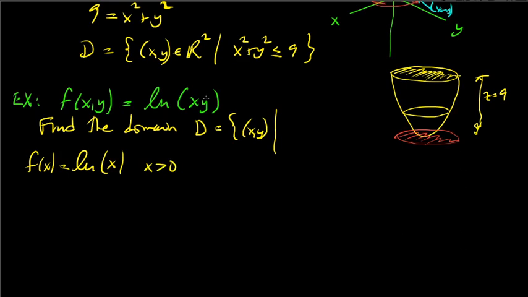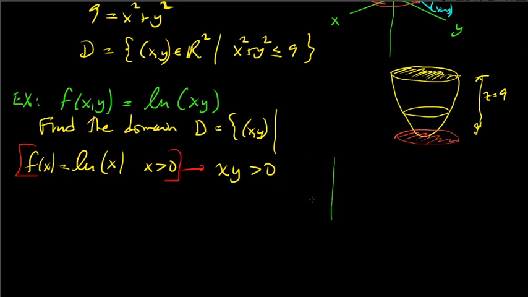So if you have two variables, we have x times y, it stands to reason that x times y now would also have to be greater than 0, right? So what's true for the one variable case sort of carries over to the two variable case. So where's x times y greater than 0?